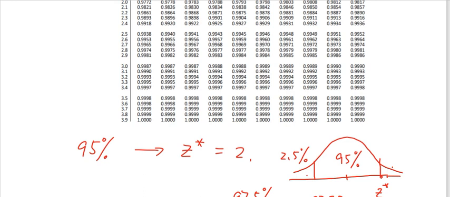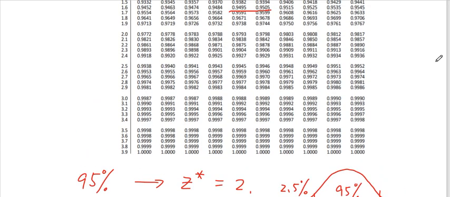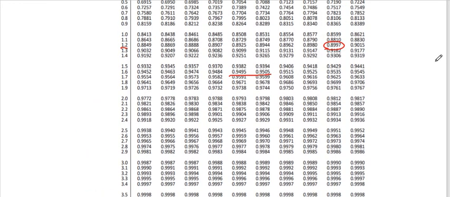So we just check the table. 9750. Oh, we find we have the exact one. Okay, 9750, right?